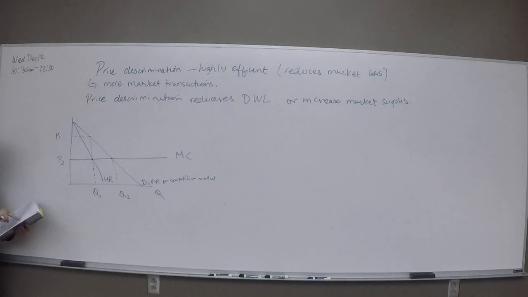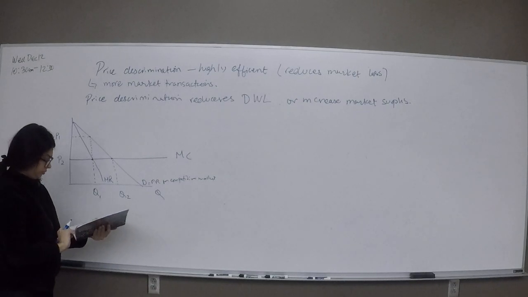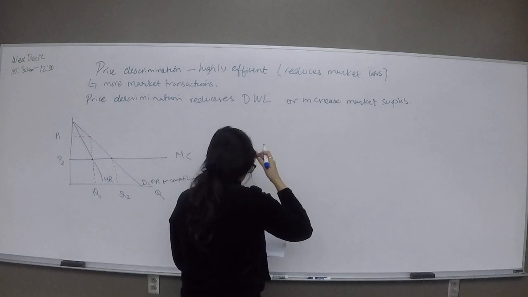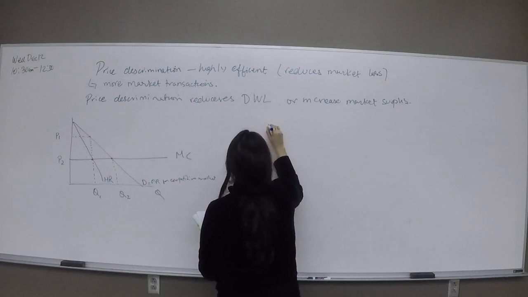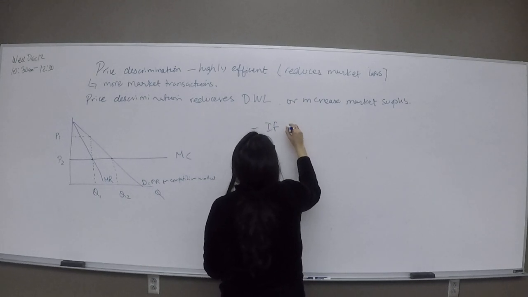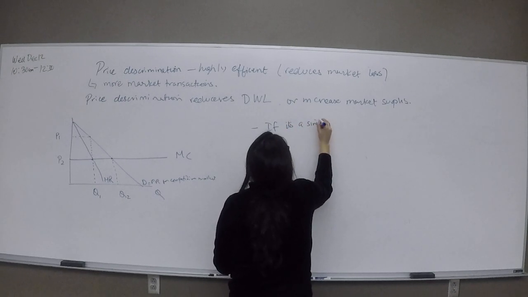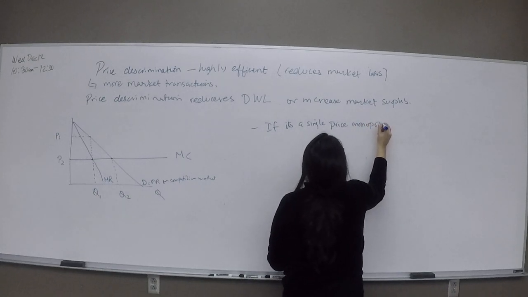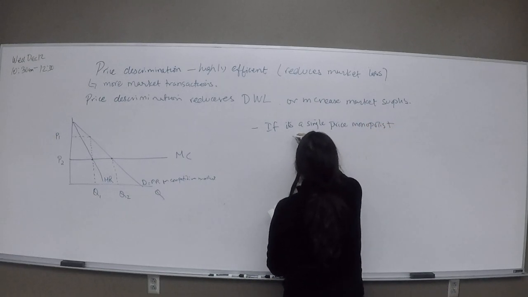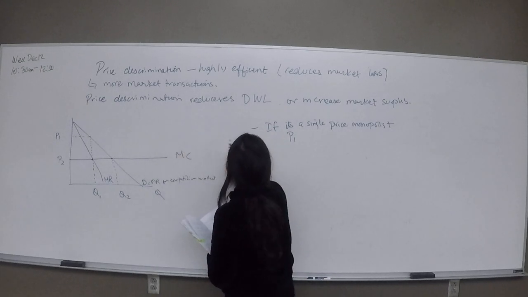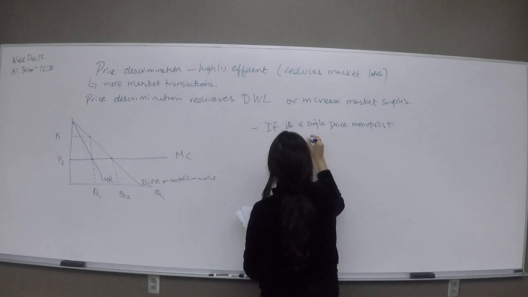Now what happens if it's a single price monopolist? They're charging P1, the highest price, and they're producing at Q1.